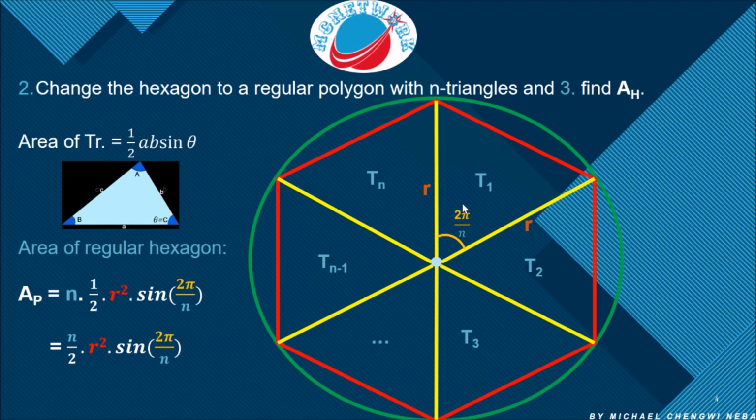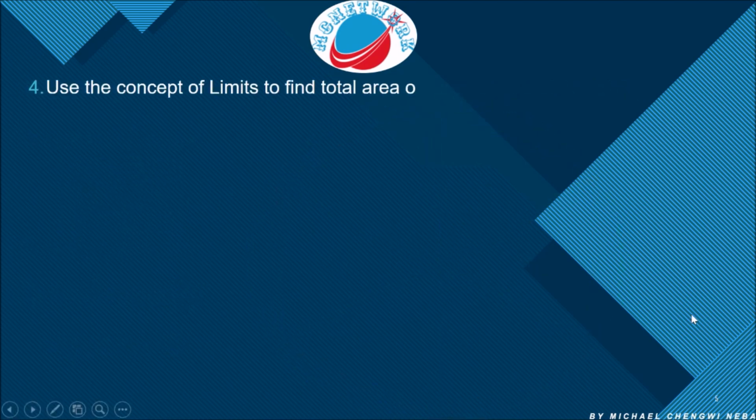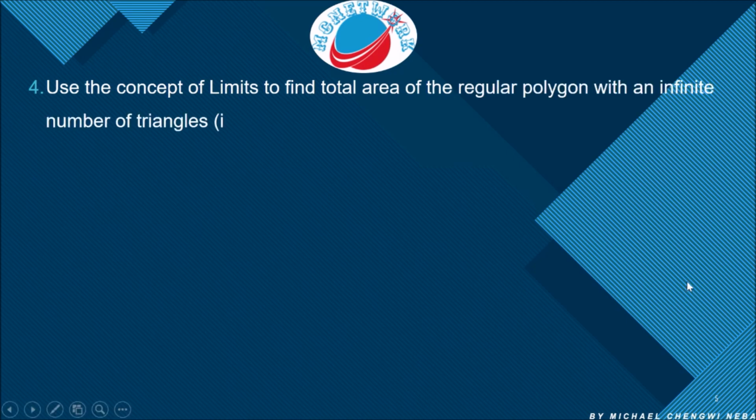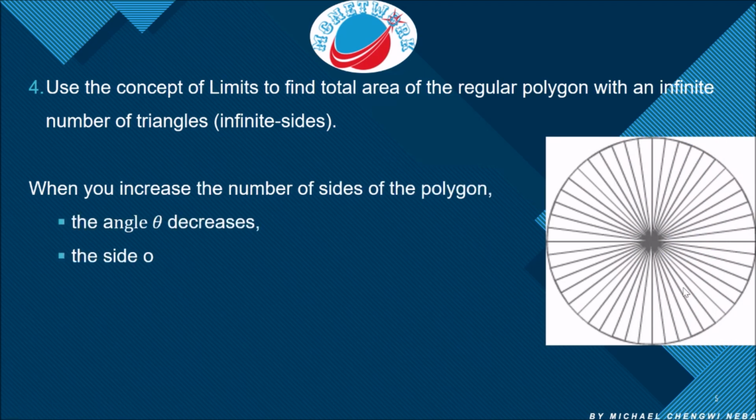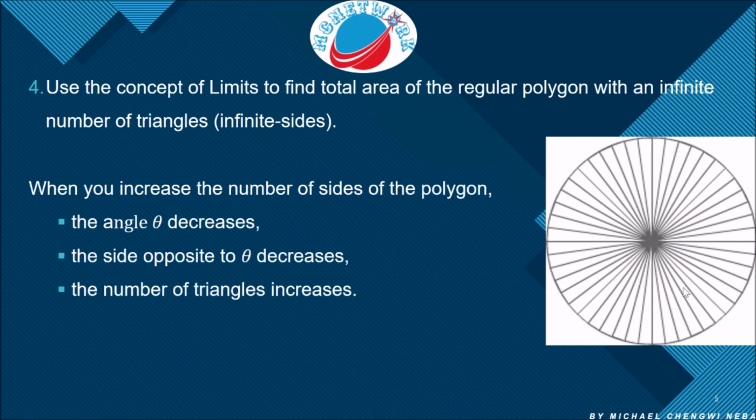So this simply means n will be approaching infinity, because n represents the number of triangles we are going to create. Again, it is always important to come out with a big picture for you to understand what is going on. If you look at this diagram, you discover that you are increasing the number of triangles or the number of sides on this regular polygon. When you increase the triangles, the angle theta decreases.